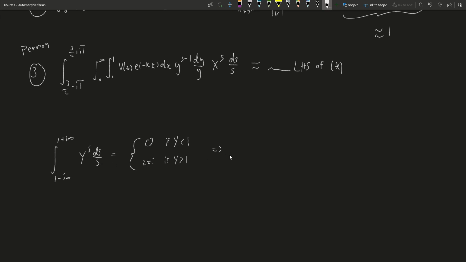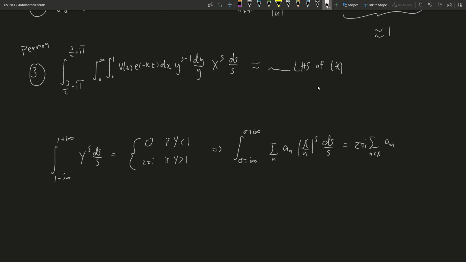And what this implies is that this integral, say, sigma minus i infinity to sigma plus i infinity, where sigma is just some sufficiently large real number, if you look at a Dirichlet series and you write it as the Dirichlet coefficient times x over n to the s ds over s, this is going to be equal to 2 pi i times the sum over n less than x of a sub n.